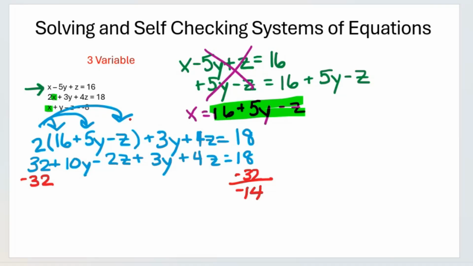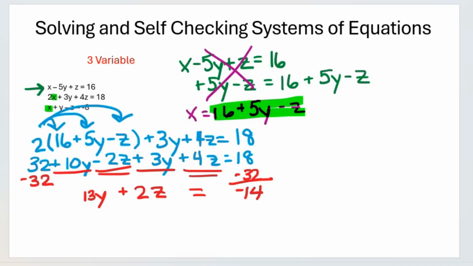And then I can combine, here I have a positive 10y and 3y, that is 13y. And then I have negative 2z plus 4z, because you take that sign in front of it. That's going to be a positive 2z. So I have 13y plus 2z equals negative 14.